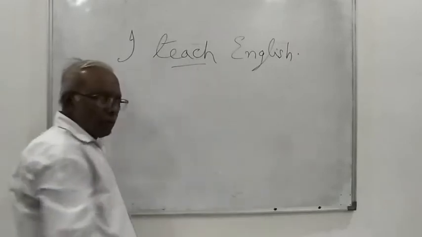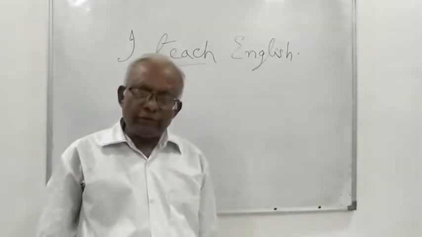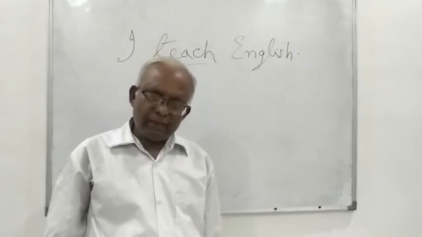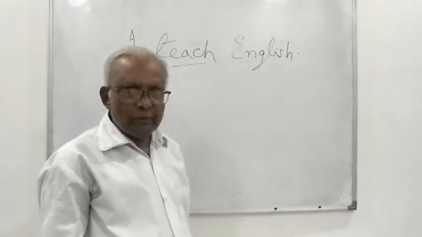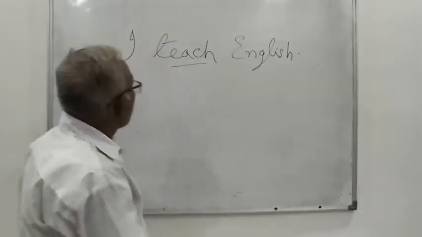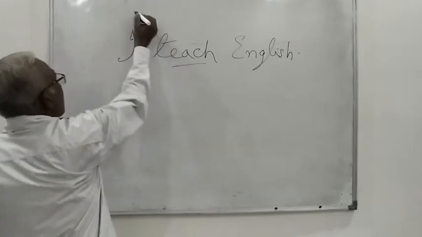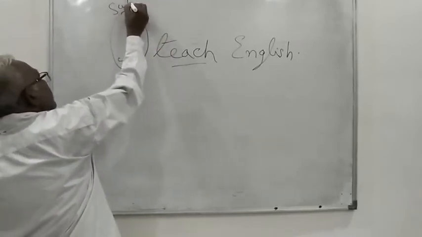How do we know? Because we know the 3 forms: teach, taught, taught. Now, once we identify the verb, we ask the question, who teaches? And here, who teaches? I. I is therefore the subject.